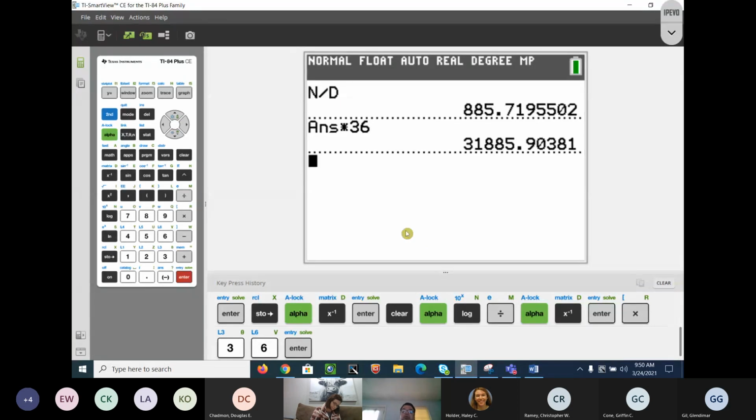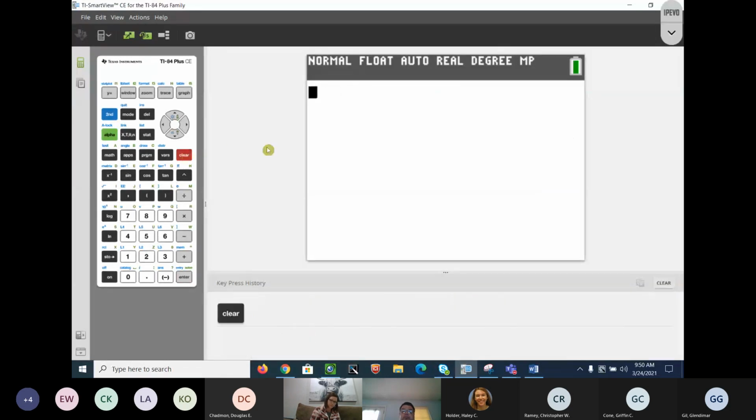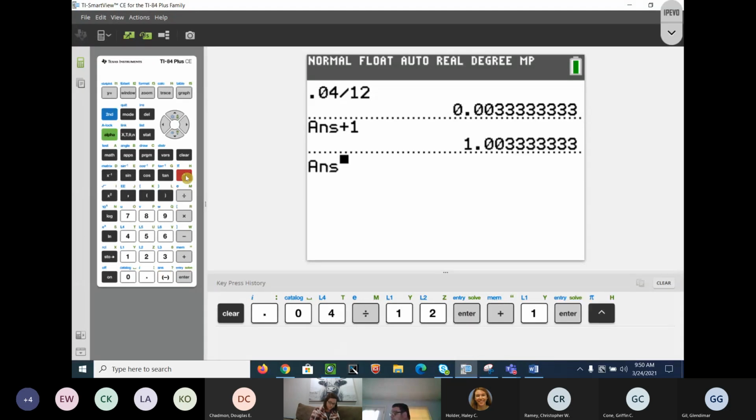Now, we don't have to do the numerator because the numerator is the same. The only difference is the time. So here we go. Clear. So we're going to redo the denominator. Here we go. 0.04 divided by 12 plus 1. And now we're going to raise that to the 72nd power.